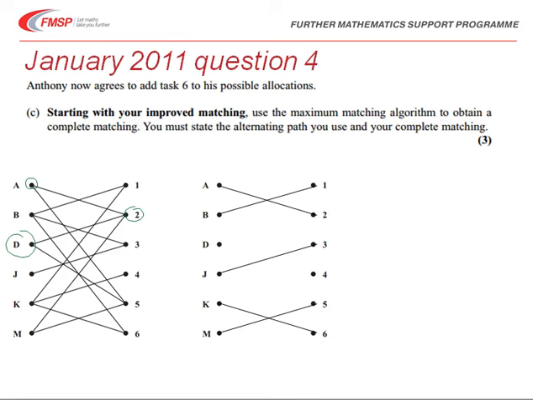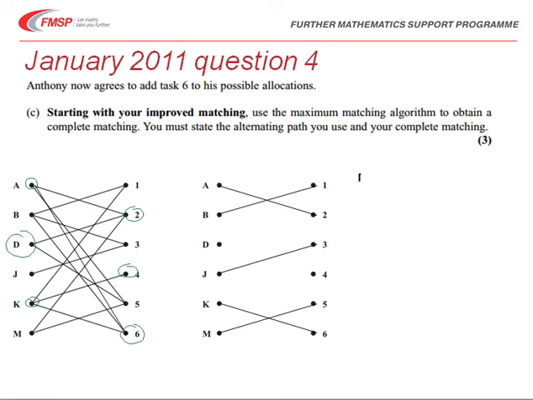So this is the new line, which I'll just mark in here. We've got a new line going from A to 6. And then from 6, well, that's done by K at the moment, and K would then go to 4. So I'm writing that down before I actually mark it onto the new diagram.